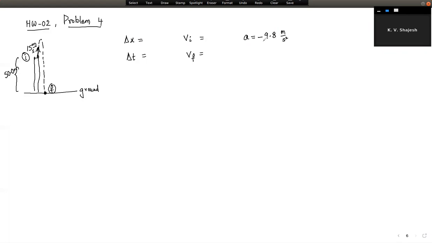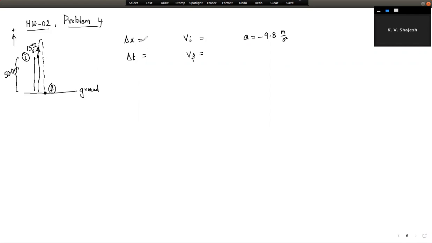And it is negative because for all the quantities we will select positive to be in the upward direction. That's not really necessary, but it's less error prone in the early stages of these kinds of calculations. So everything is positive in the upward direction, and otherwise it's negative.